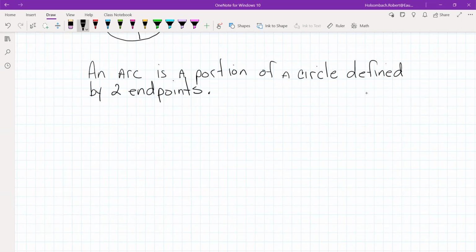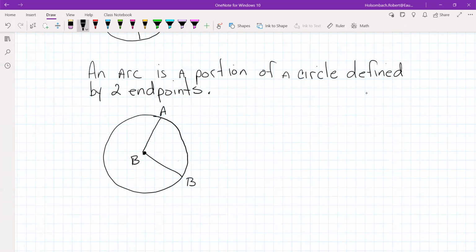So if we've got another circle here, circle B, and then we've got a central angle, central angle ABC intersects, or intercepts, arc AB. This right here is an arc.